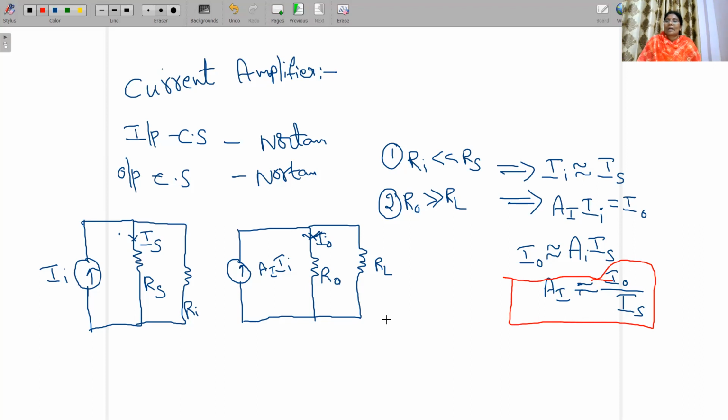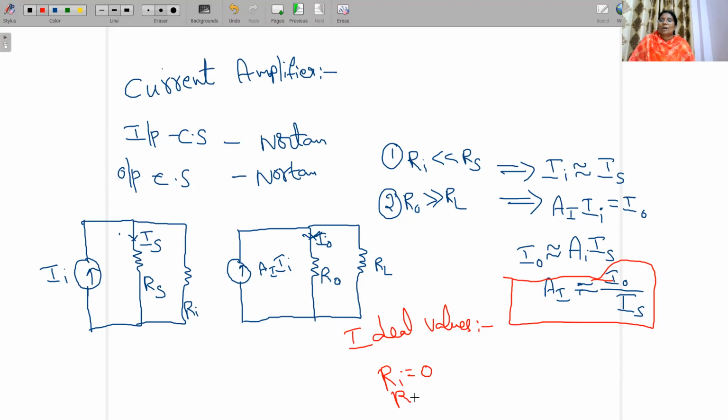What are the ideal values of the current amplifier? Note the ideal values. Ri is far less than Rs, so that means the Ri value is very less. So Ri is approximately equal to 0, and R naught is approximately equal to infinity.